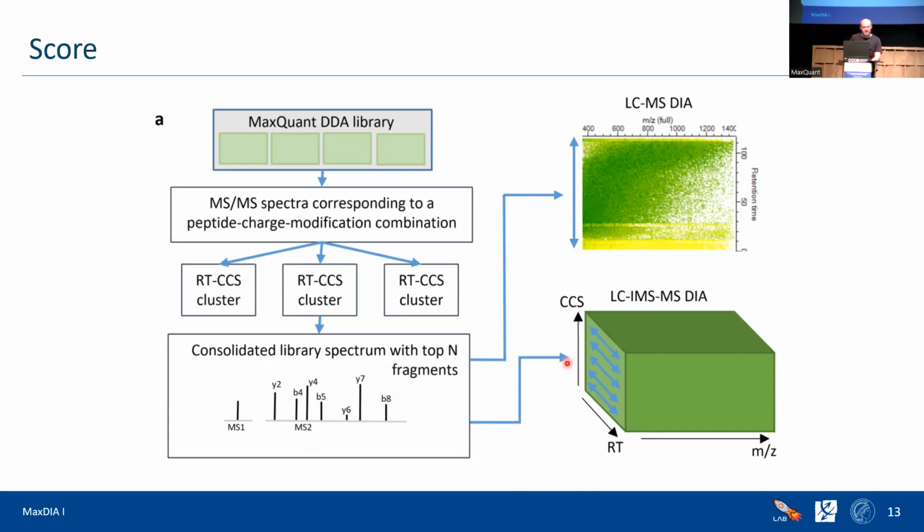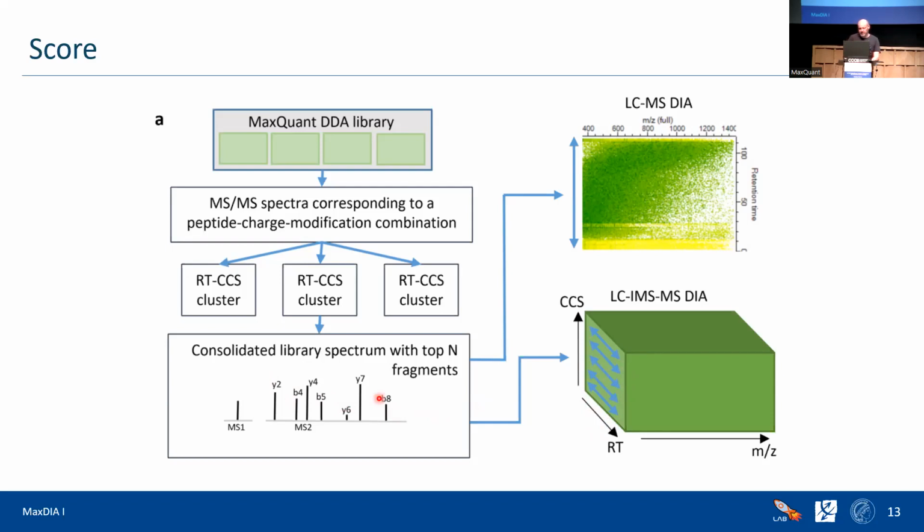If you have ion mobility, then you have to do this on the two-dimensional pixel grid spanned by retention time and collision cross-section. At each of these points, you have to query if the raw data is actually reflecting the ions of the consolidated library spectrum, and you have to do this for all library spectra.